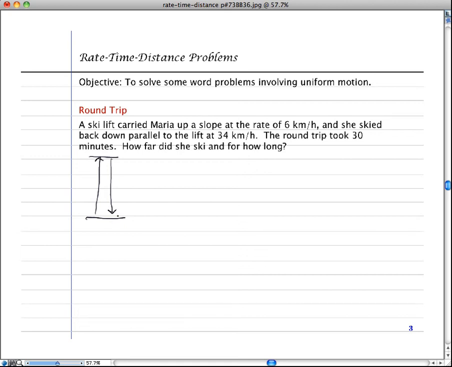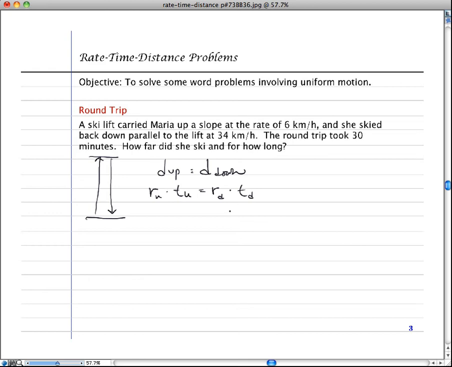Okay, so we need to state the basic setup. In this particular case, the distance up is equal to distance down. So what that means is the rate going up, u, times time going up is equal to rate going down times the time coming down.